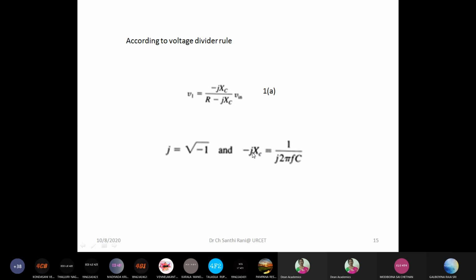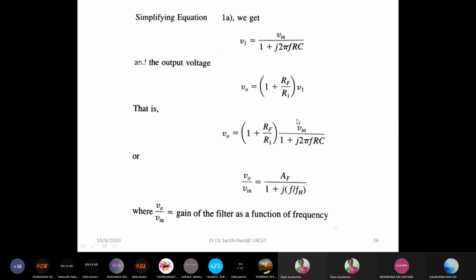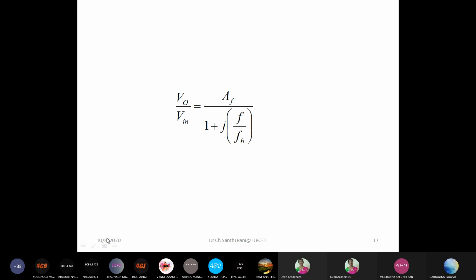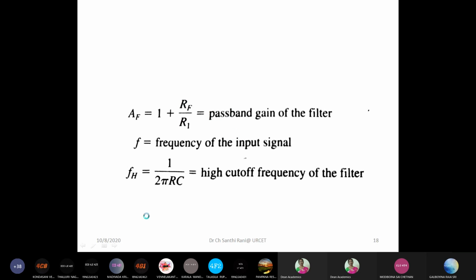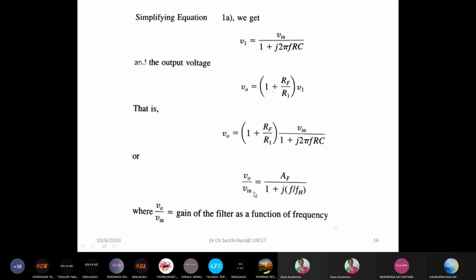We have substituted, that's all. Then when we rearrange that equation, we get this expression: V1 is equal to Vin divided by 1 plus j2πfRC.